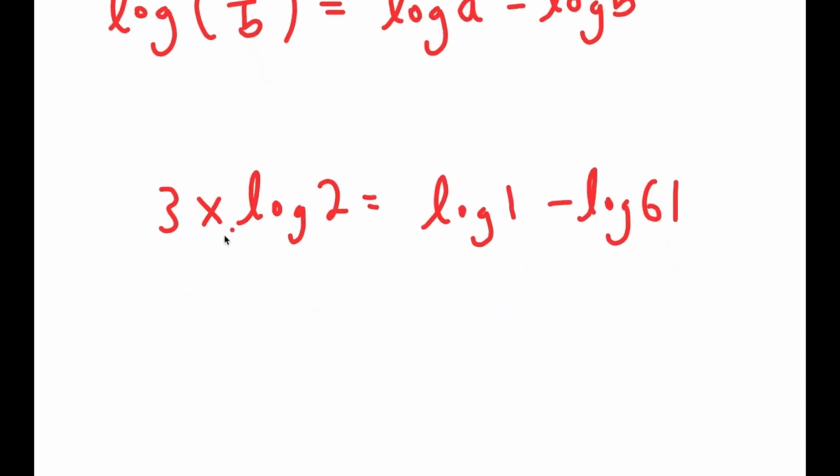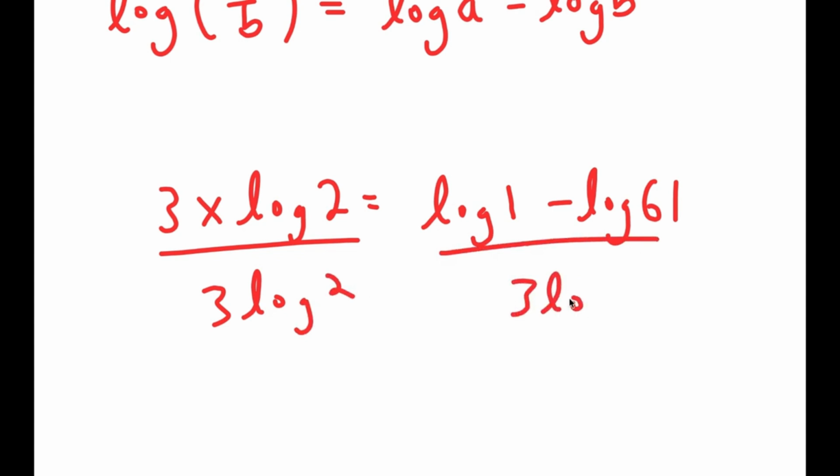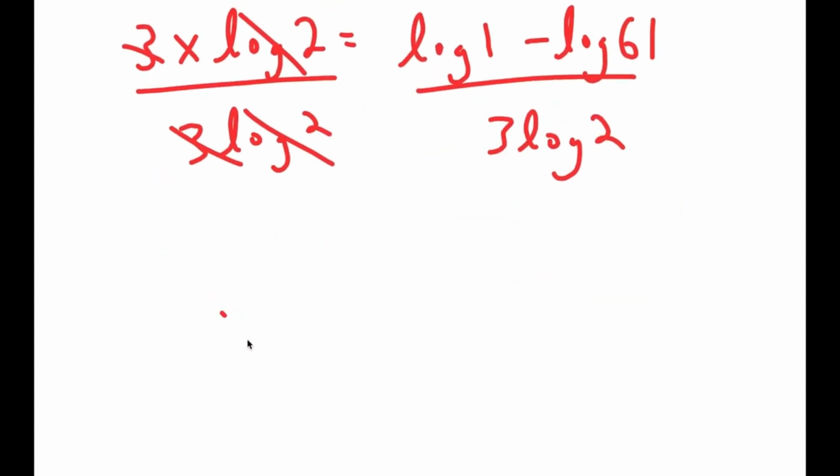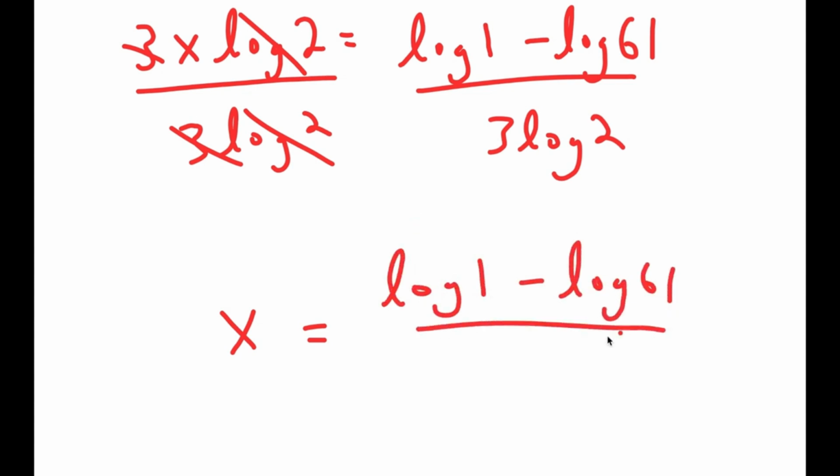And now we can isolate x by dividing both sides by 3 times log 2. So these two cancel out, and I get x is equal to log of 1 minus log of 61 over 3 times log 2.